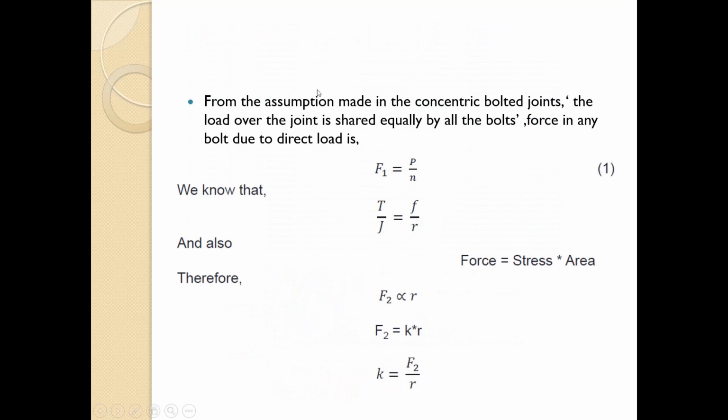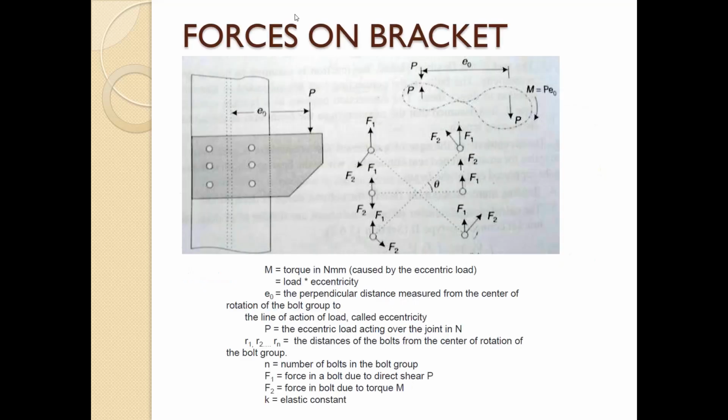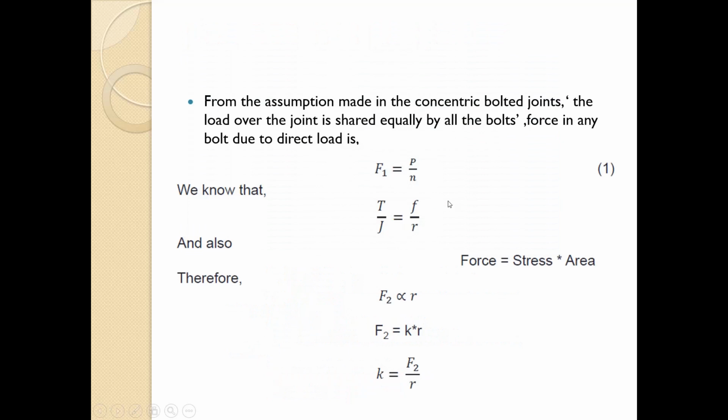From the assumption made in concentric bolted joints, the load on the joint is shared equally by all the bolts. The force in the bolt due to direct load, that is this F1, is the force in the bolt due to direct shear P. So it is shared by all the bolts or rivets.